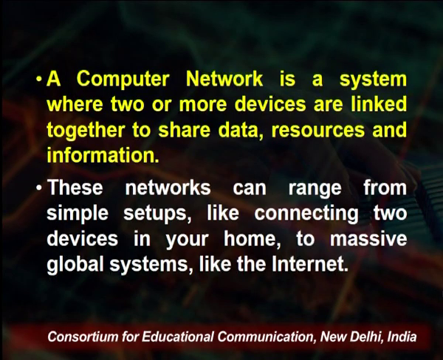These networks can range from very simple setups, like for example connecting two devices present at your home, or even the simplest thing which we do in terms of networks, connecting your laptop or your desktop with a hotspot, and you are sharing the data or taking the data from the mobile. So that is actually a network of mobile and your computer, two different devices.